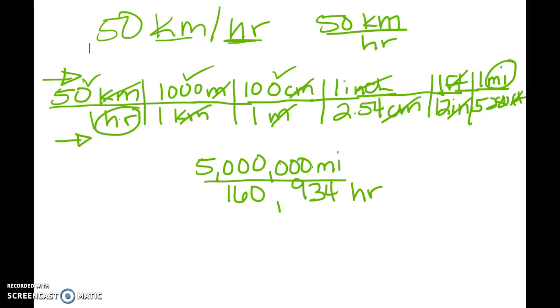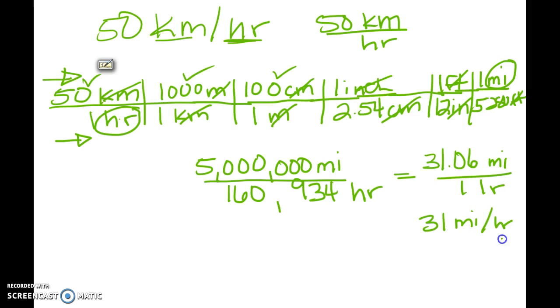So we want to turn that into a unit rate where the denominator is a single digit, preferably 1. And to do that, you just divide the numerator by the denominator, and we get 31.06 miles per 1 hour, or roughly 31 miles per hour.